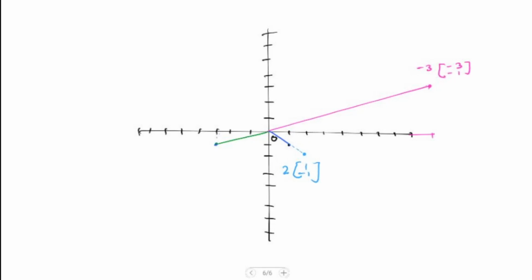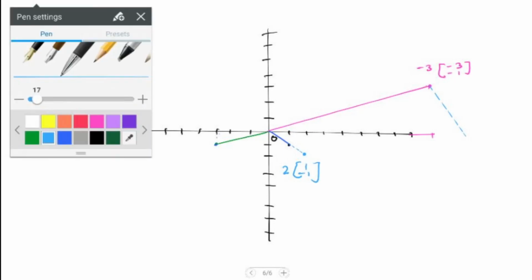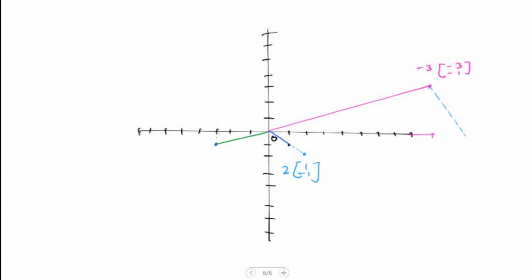Okay, now we'll have to draw the parallelogram. So we'll go to this point here and draw a parallel line to 2 times (1, -1). So that would be the parallel line. And then from the vector 2 times (1, -1), we'll draw the parallel line to 3 times (-3, -1).